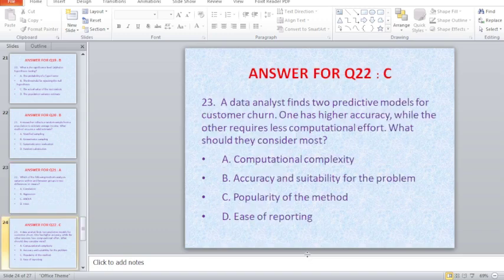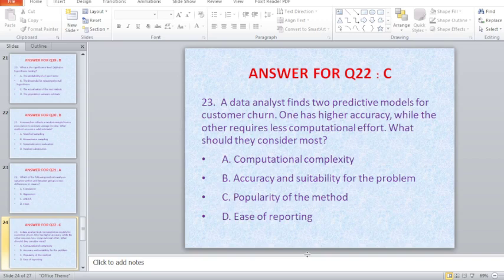Question number 23. A data analyst finds two predictive models for customer churn. One has higher accuracy while the other requires less computational effort. What should be considered most? A. Computational complexity.